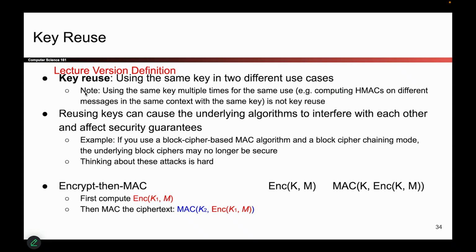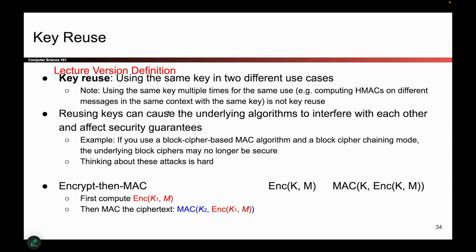So this attack that we just talked about, we call it key reuse. This is kind of an annoying term because people use the words key reuse in all sorts of different ways. So for example, when we talked about one-time pads, we said we were reusing keys there, and now we're talking about key reuse again. For better or worse, people use this term in all sorts of different ways. When you start working on project 2, you will probably call 10 different things key reuse, and that's OK.